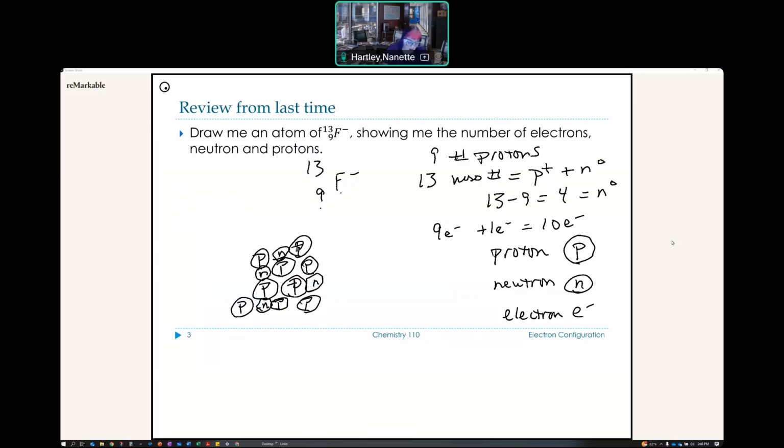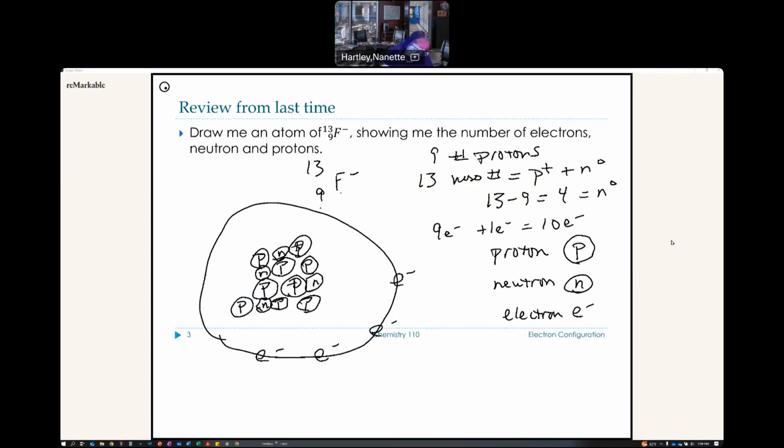Since I don't know anything about where they're supposed to go, I just know they're supposed to go on the outside. I'm going to draw this circle right here. I'm going to go 1, 2, 3, 4, 5, 6, 7, 8, 9, and 10. 10 electrons outside. That is a perfectly acceptable picture of a Bohr atom based on what you know right now.